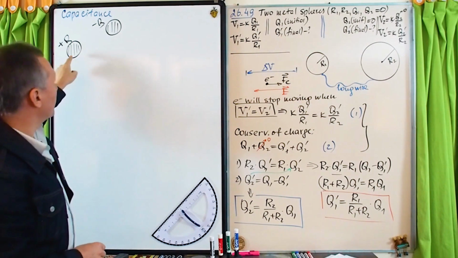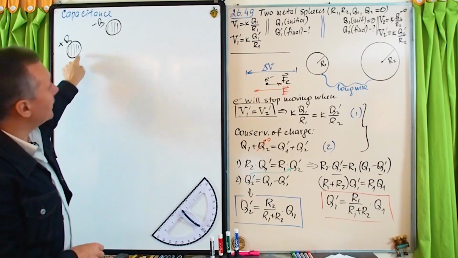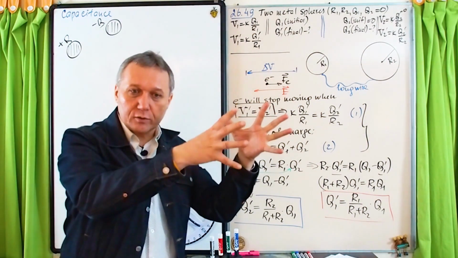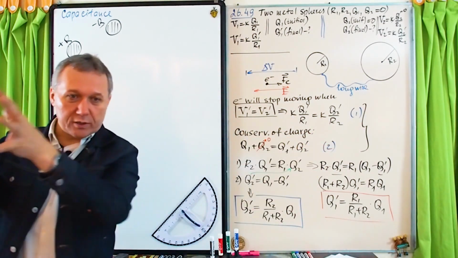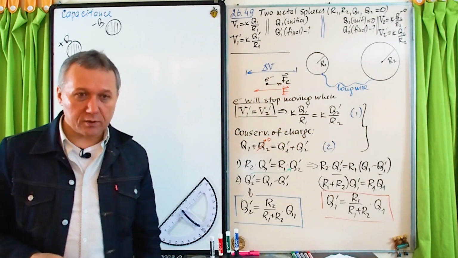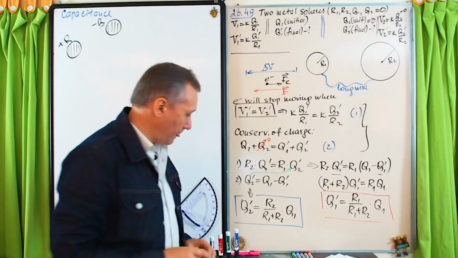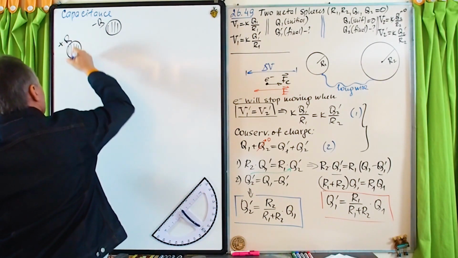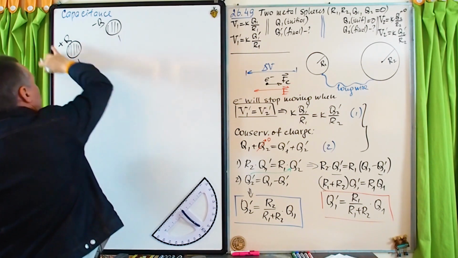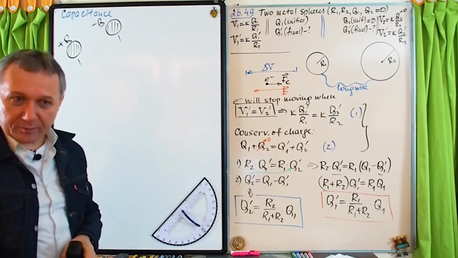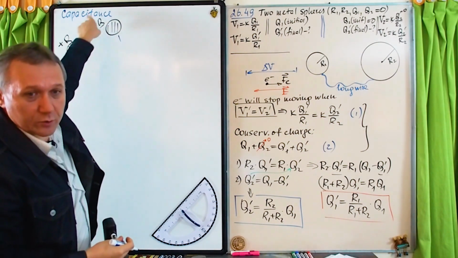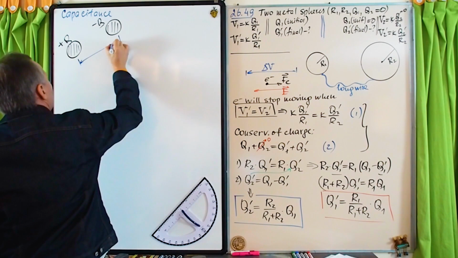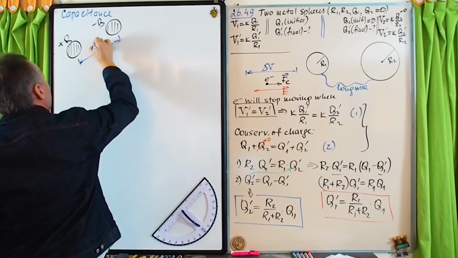As a result, this will be positively charged, plus Q, and this will be negatively charged, minus Q. Because we just move some amount of electrons from one electrode to the other, the charge in absolute value must be the same. Then of course there will be some potential difference: since this is positively charged, there will be positive electric potential around it, and this is negatively charged, so there will be negative electric potential around it. As a result, there will be a potential difference delta V.